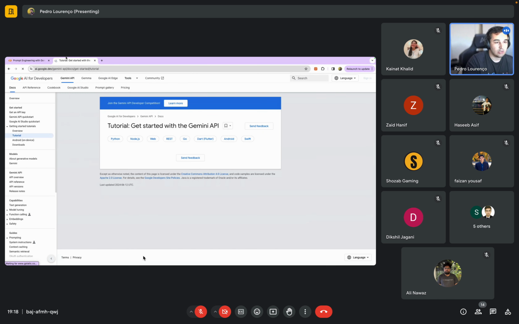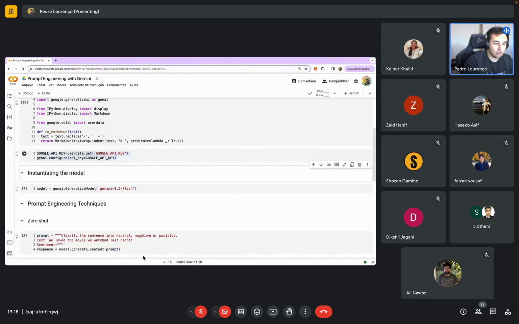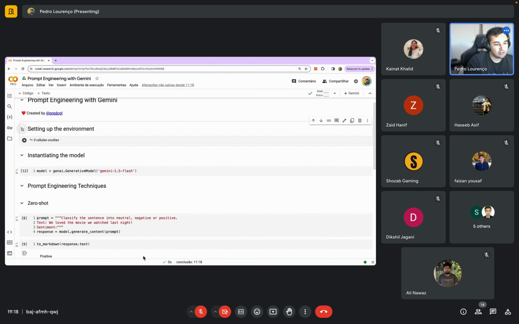It's very simple. You just need to put your API key here and configure the GenAI, and then you can instantiate your model. Today we are going to use the Gemini 1.5 Flash, just because it's faster, so we can experiment more. And so we have our model here, and let's go.